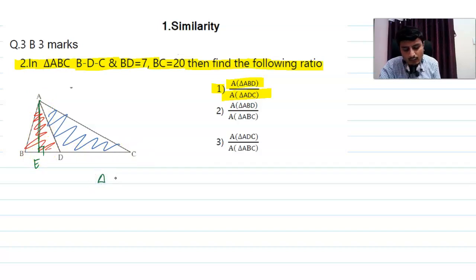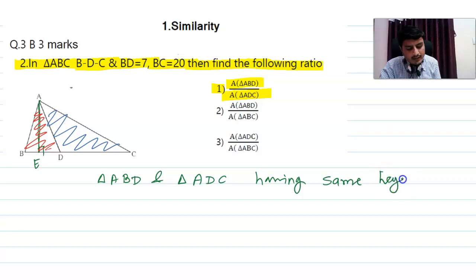So triangles ABD and ADC have the same height. Once two triangles have the same height, we can say that the ratio of their areas is equal to the ratio of their corresponding bases.